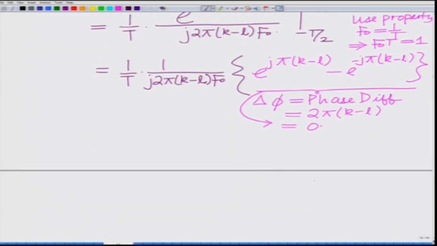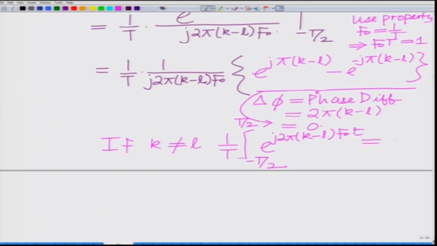Therefore, to summarize, if k is not equal to L, then 1 over T integral from minus T by 2 to T by 2 of e to the power of j 2 pi (k minus L) f naught t is equal to 0.